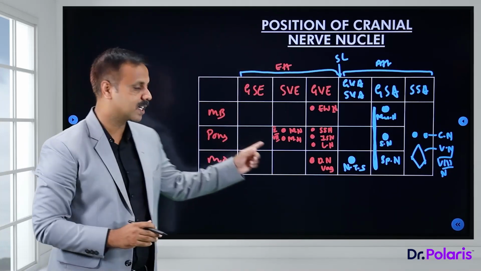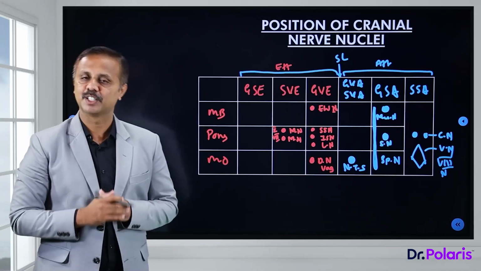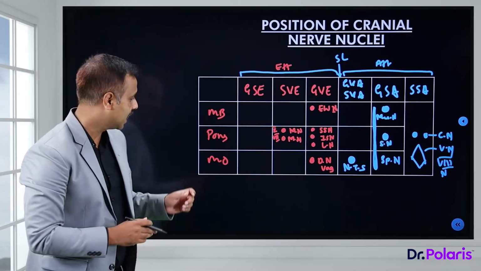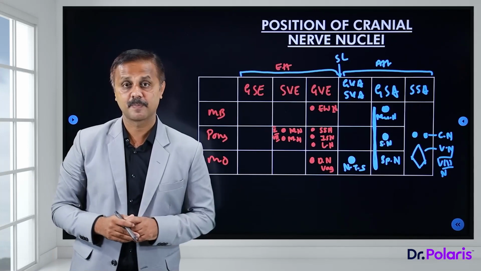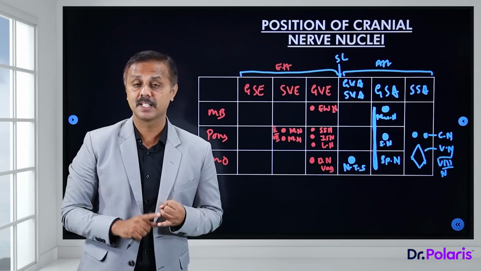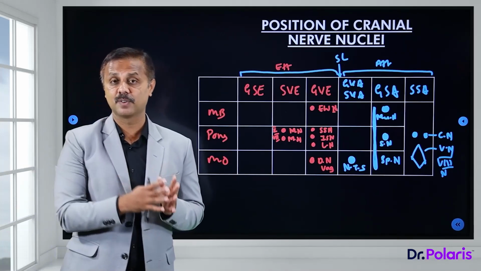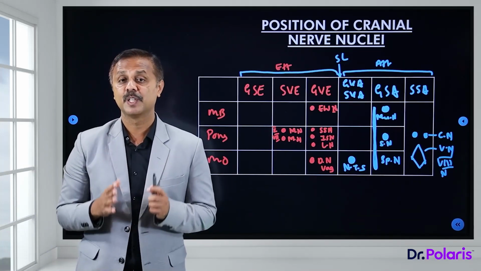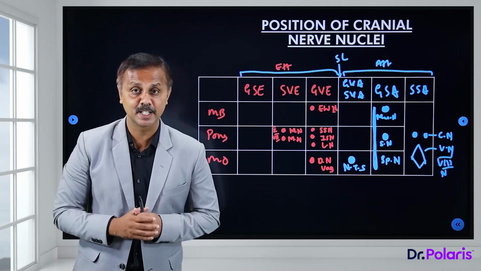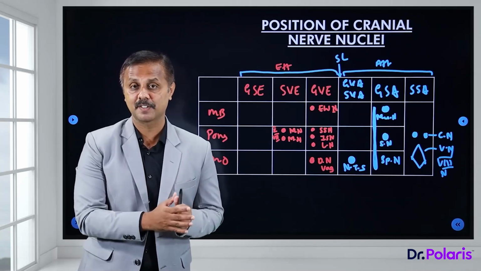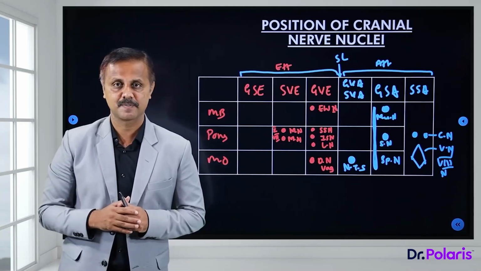Both the nuclei, remember, are located in the pons. Right. Then what about rest of the muscles? Remember, the third arch muscle is stylopharyngeus, which is supplied by glossopharyngeal nerve. Then we have the fourth and sixth arch muscles, which are the muscles of larynx, which are basically innervated by either cranial part of accessory nerve or vagus nerve.